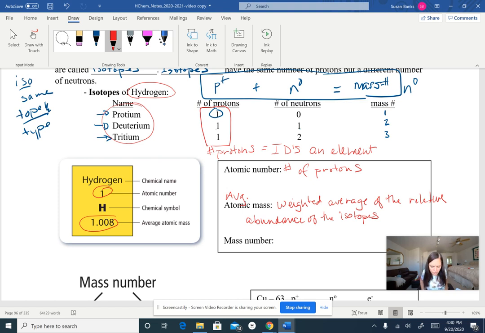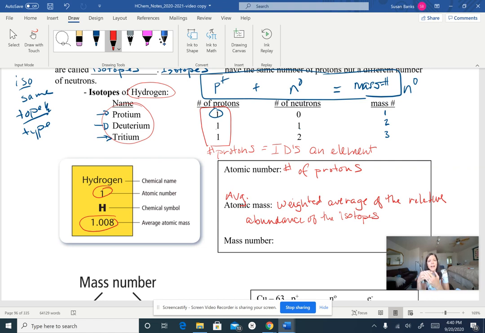Okay, so for example, if I wanted to take the average mass of all of you in my chemistry class, and I'd say I had 20 students that weighed 100 pounds, and I had 10 students that weighed 200 pounds, how would I take that average? Would I just add up 100 plus 200 and get an average of 150?